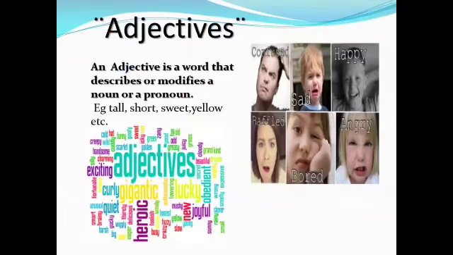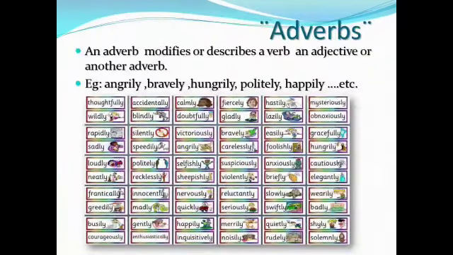The next we have are adjectives. An adjective is a word that describes or modifies a noun or a pronoun. Some examples of adjectives are tall, short, beautiful, ugly, sweet, yellow, bitter, etc. The next we have are adverbs.